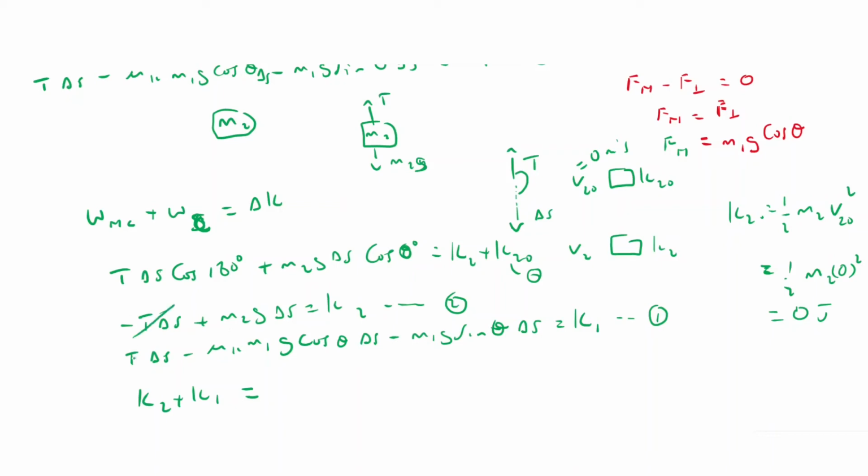So what am I left with on the left hand side? This is going to cancel this, and I'm left with M2 G delta S, minus mu K M1 G cos of theta delta S, minus M1 G sine theta delta S. That's it, because the right hand side is just K2 plus K1.